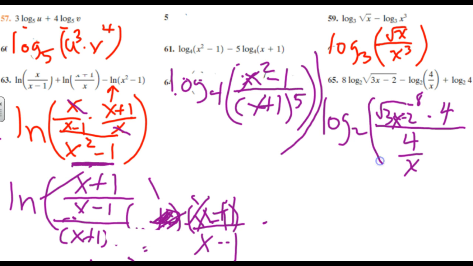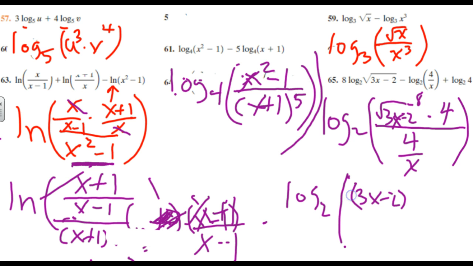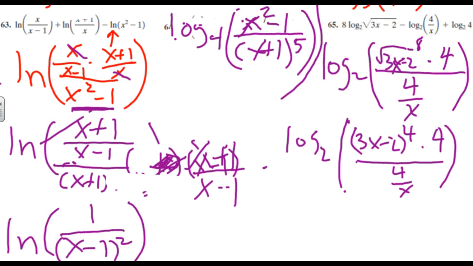Now, if I simplify this, first of all, a square root raised to the 8th power is like saying a half times 8. So that becomes log base 2 of 3x minus 2 to the 4th power times 4 over 4 over x. But just like in number 63, when I divide a fraction by another fraction, that's like multiplying by the reciprocal.